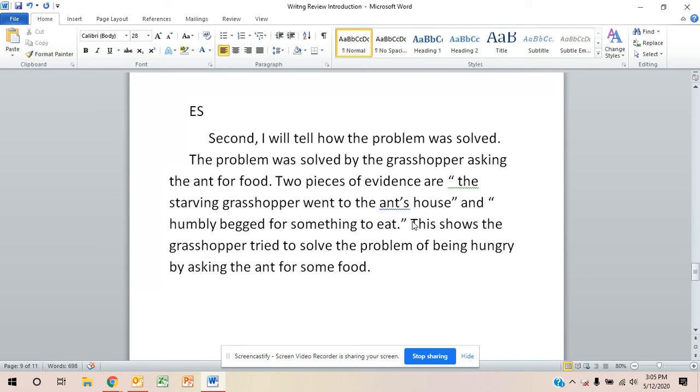He tried solving it by asking for help from the ant for food. So there's my E. Now I have to do my sum up sentence, which sounds the same as my R. Now you know how the problem was solved in the fable.